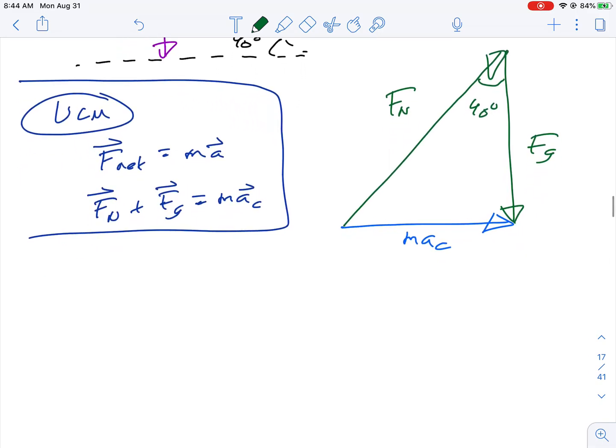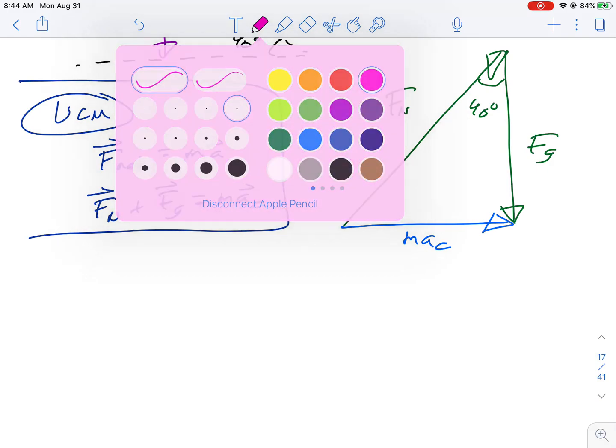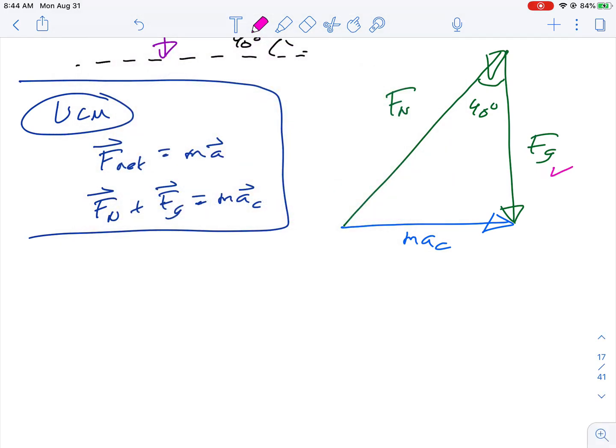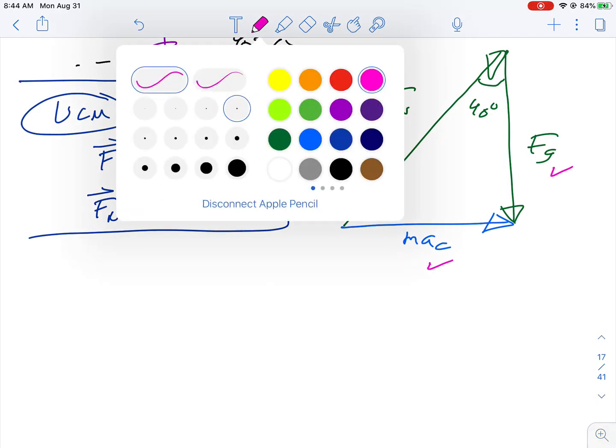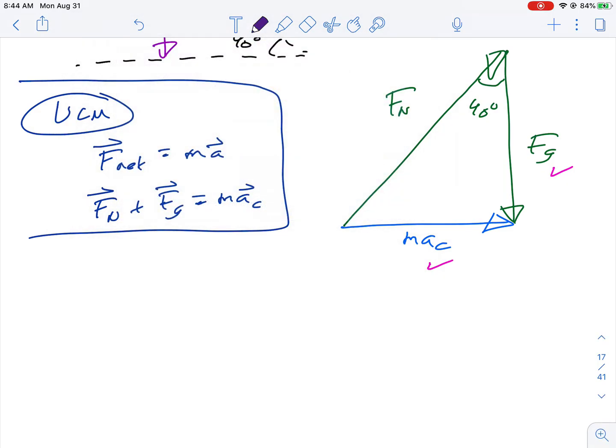And finally, now we do the analysis. So again, just a reminder, we can deal with Fg and mAC. We know nothing about Fn, so we want to deal with these two quantities. So now we have the tangent of 40 degrees equal to opposite, mAC, over adjacent, which comes out to be mg.